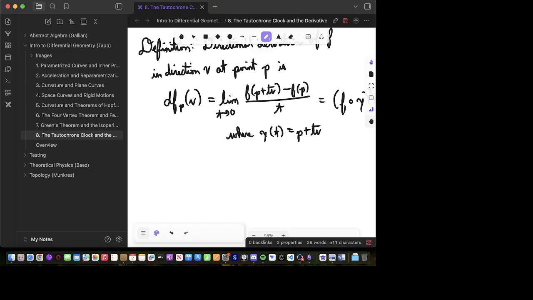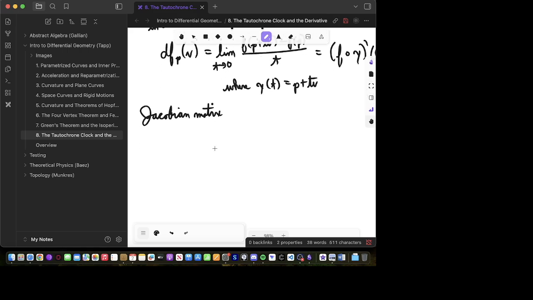So there's also something called the Jacobian matrix, and it is basically the matrix of all first-order partial derivatives of f at p.